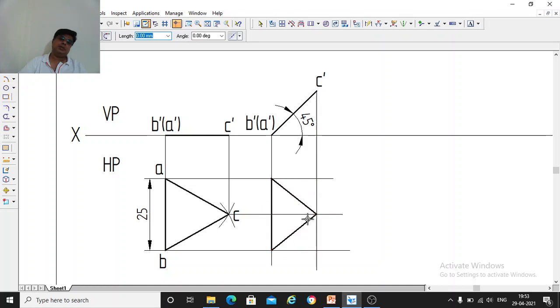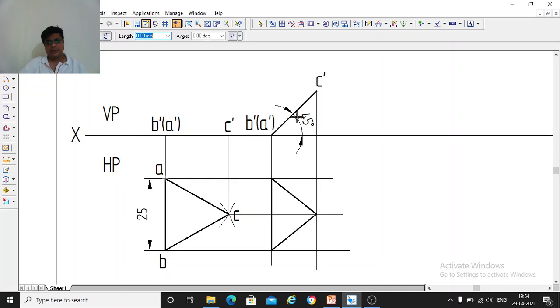So this is the top view when the plane is inclined to HP. Now the plane is inclined to HP, this is HP, the plane is inclined, and you are seeing from the top. When you see from the top, this length will be reduced. You can see here the shape of the triangle, the size is reduced because it is at 45 degrees.